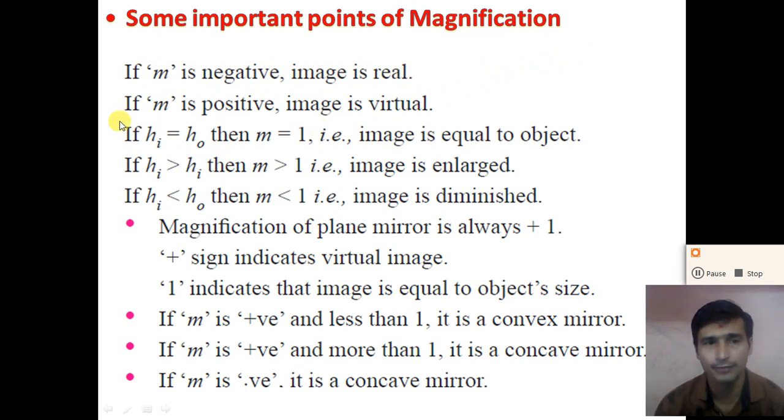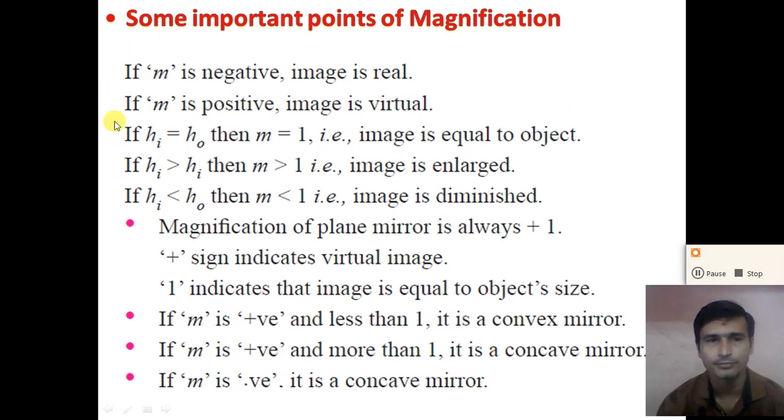Whereas if the magnification is positive, the image is virtual and erect, right? So from the magnification, we can get whether the image is real and inverted, or virtual and erect. If the magnification is negative, the image is real and inverted, and if the magnification is positive, the image is virtual and erect.